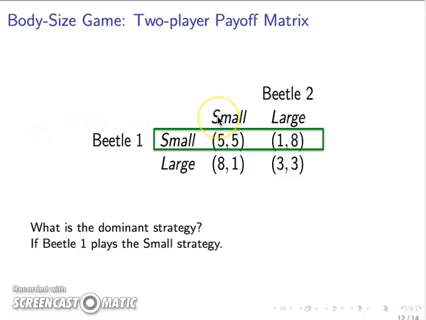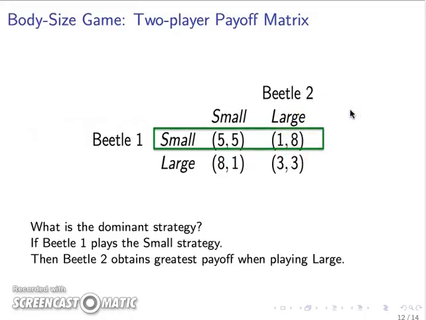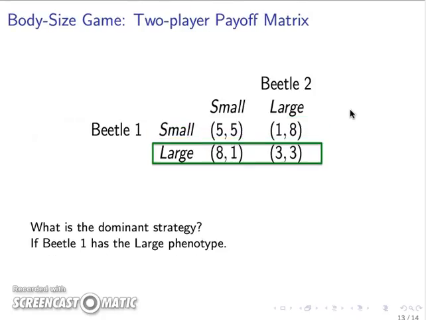One would be to have a small phenotype. In such case, beetle 2 would get a payoff of 5. But if beetle 2 has a large body size, an interaction with beetle 1 would give beetle 2 a payoff of 8. So beetle 2 obtains the greatest payoff whenever beetle 2 has a large body size.